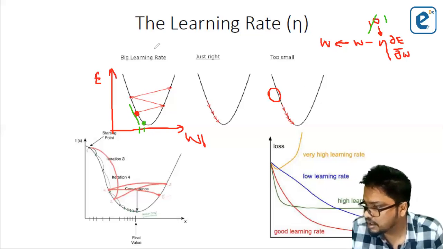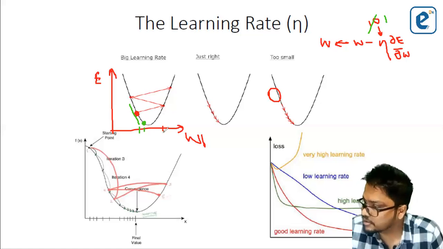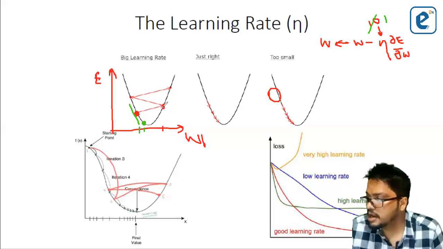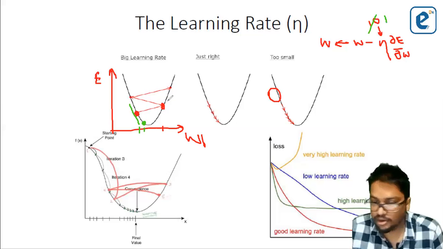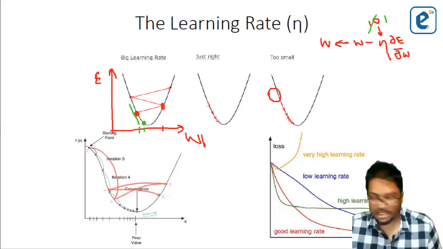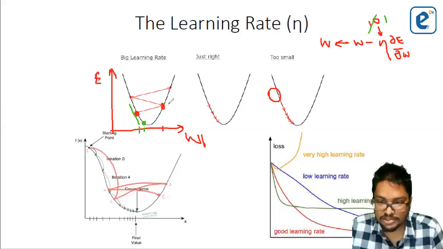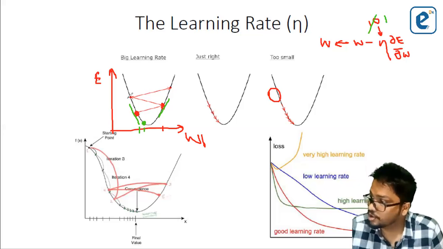but with 10, a 10 times larger weight adjustment happens, so it goes somewhere here. Then the gradient is positive, and we are asked to reduce the weight, and since it is multiplied by 10 again, it will go there and come back here.